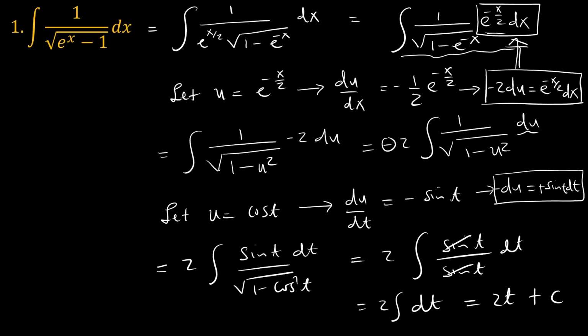Okay, but since cosine of t was equated to u, that means that t is equal to arc cosine of u.